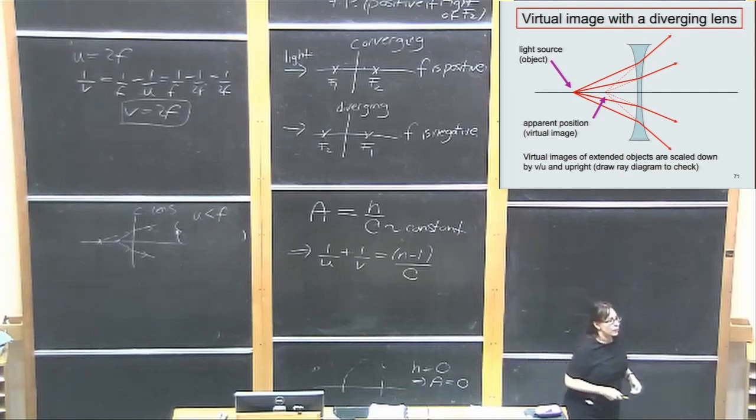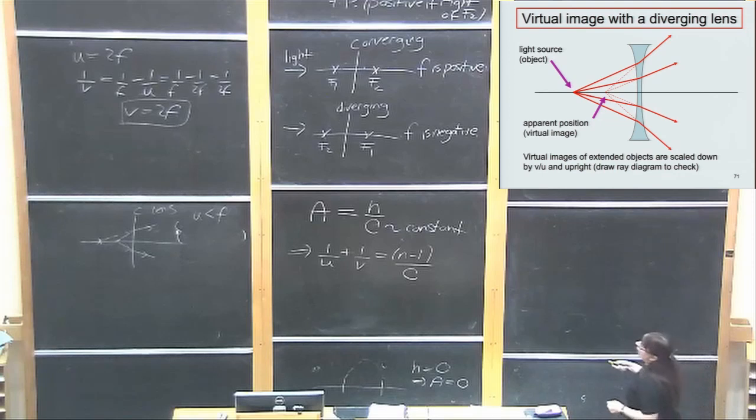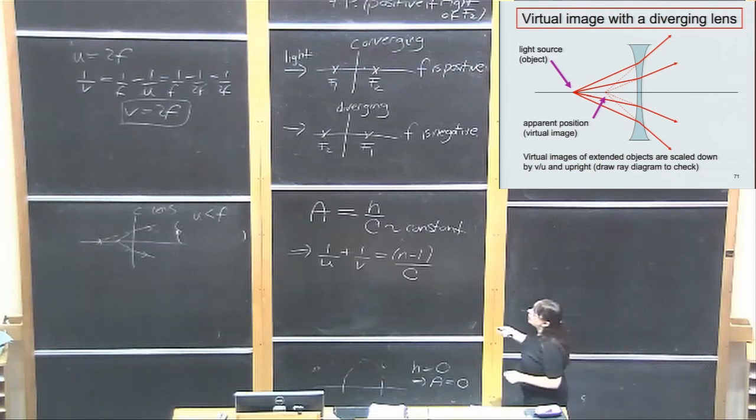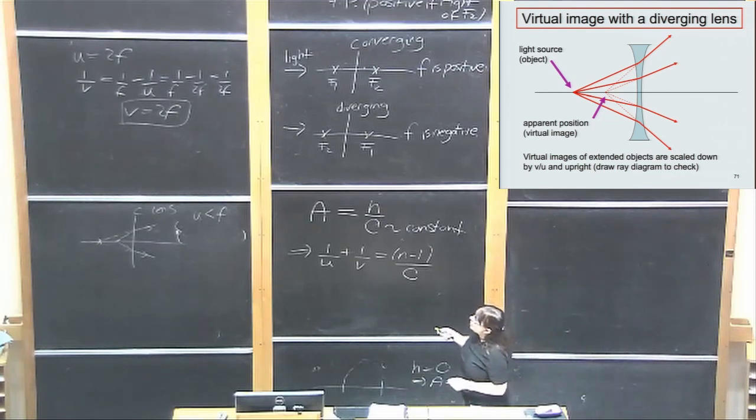What about virtual images with a diverging lens? I'm just drawing it here for a point source of light. So here's my object, and here are the light rays being spewed out. A diverging lens will, of course, do exactly that. It will cause the rays to diverge away from the axis. Never can you get these to actually meet on the other side.